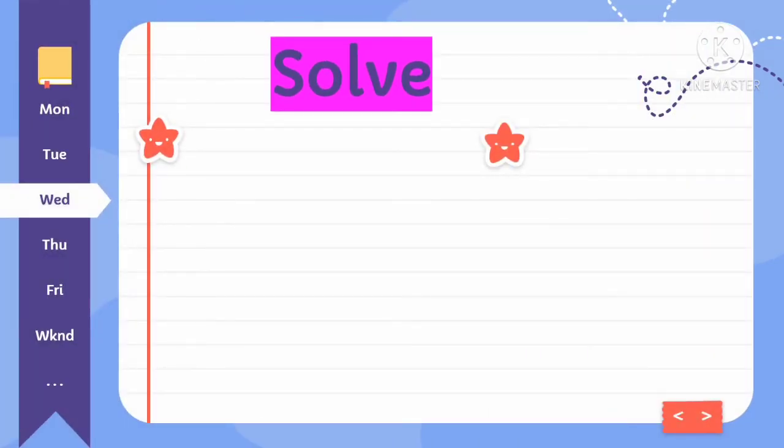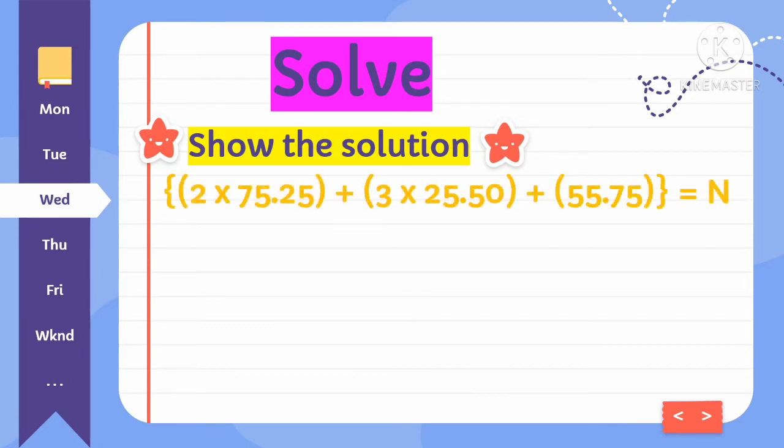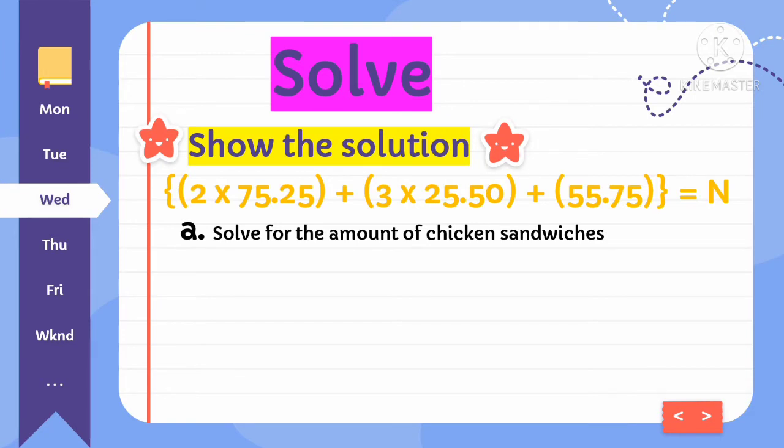Then, we can now solve the problem by showing the solution. So, ito yung ating number sentence. Isa-isahin nating isolve or ipakita yung ating solution. So, unahin natin itong solve for the amount of chicken sandwiches. Since 2 yung in-order nilang chicken sandwiches, i-multiply natin yung amount ng chicken sandwiches doon sa piraso ng order nila.